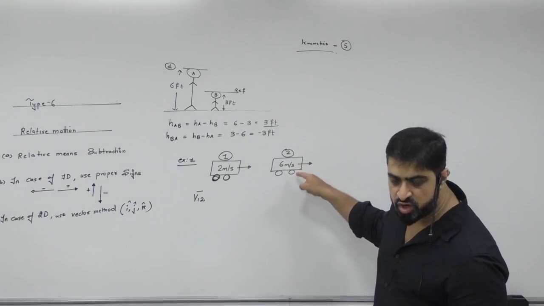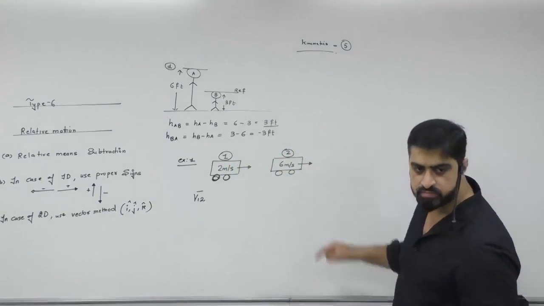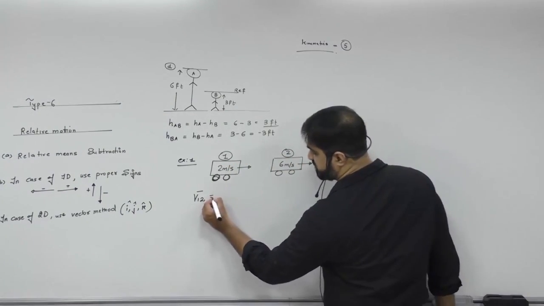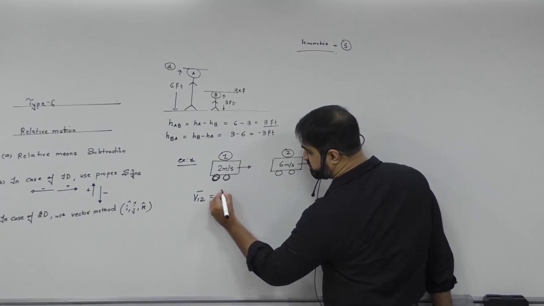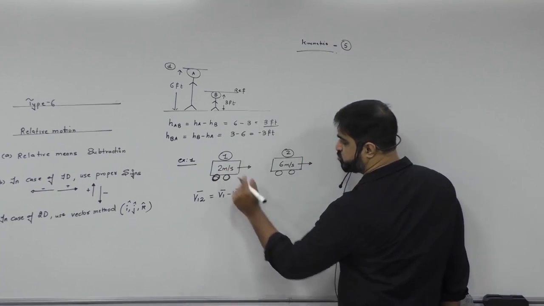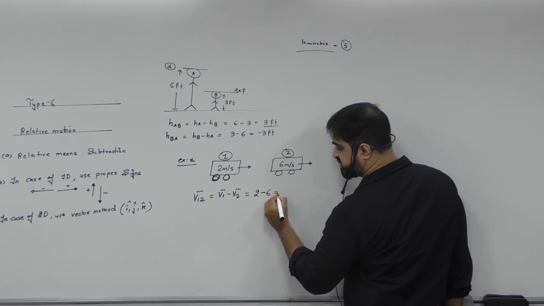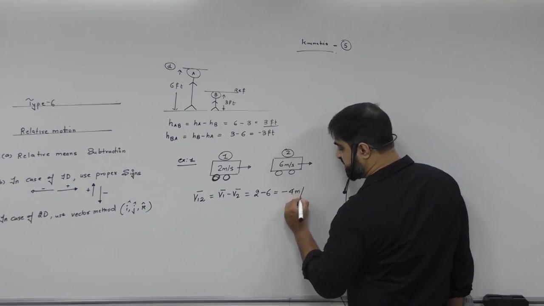But they have asked you velocity of 1 with respect to 2. Now relative means subtraction, so V1 bar minus V2 bar. V1 bar is 2 meters per second, V2 bar is 6 meters per second. It will become minus 4 meter per second.